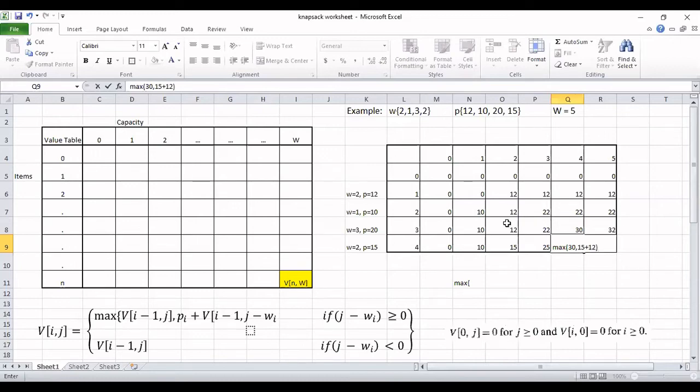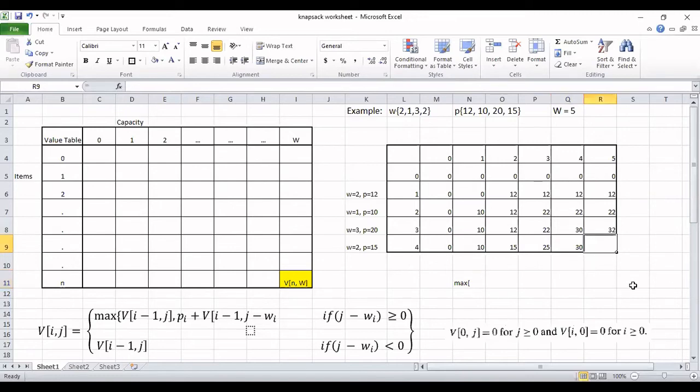So the contention is between 30 and 27. So 30 is the best one. Which items have we included here now? The third and second item. Fine.